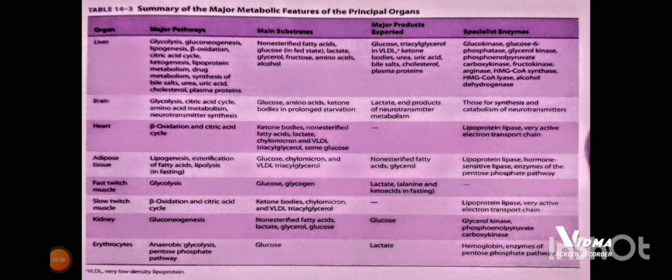In the previous slide, I said that if any alteration occurs in the metabolic pathway, some medical or surgical condition arises. So it is necessary to have a basic understanding of metabolism. Just see this table. This is the table of major metabolic features of the principal organs, meaning the normal major metabolic features of these organs.